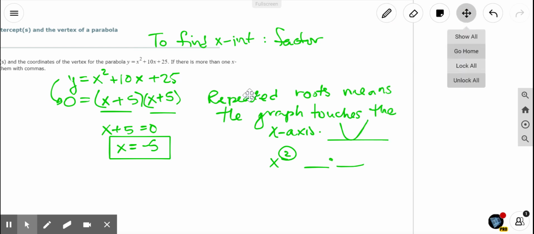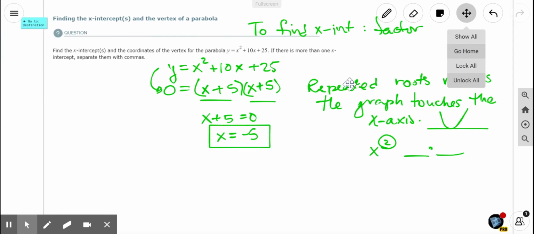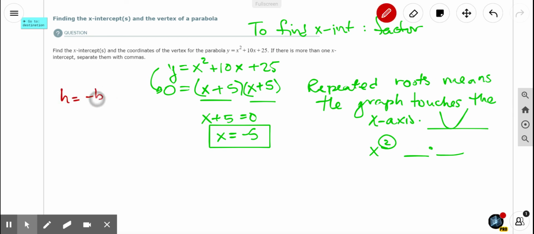You're going to use h is equal to -b over 2a, like we did before. So 10 is b, 1 is a, so -b, the opposite of b, over 2 times 1, which is going to be equal to -5.